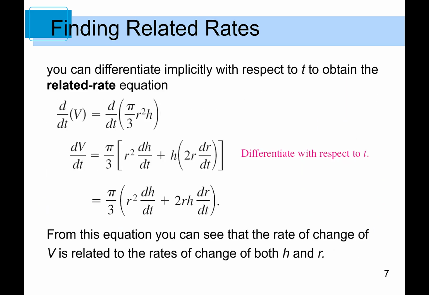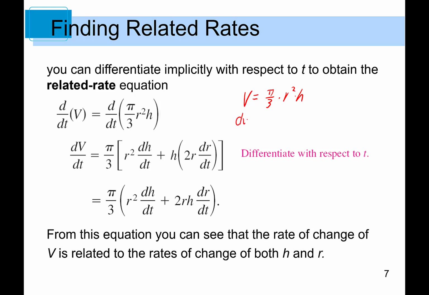And you can differentiate implicitly with respect to t to obtain the related rate equations. Okay, so basically what you do is write the equation pi over 3 times R squared times h. Then we're going to differentiate everything with respect to time t.